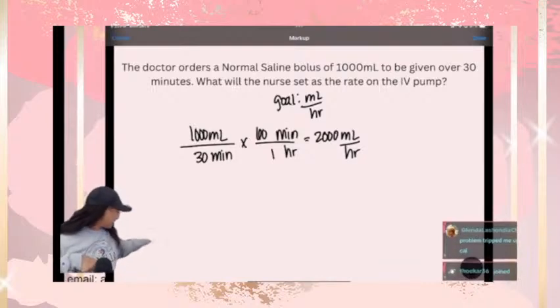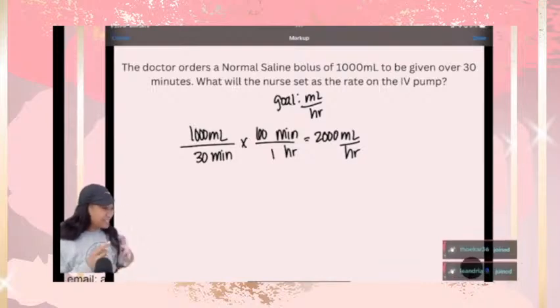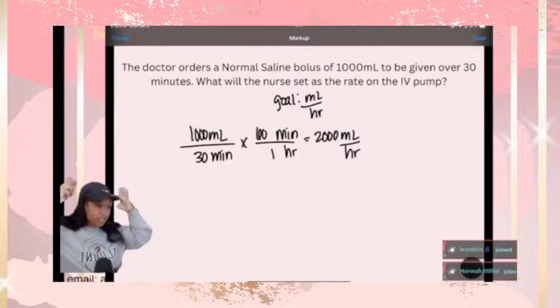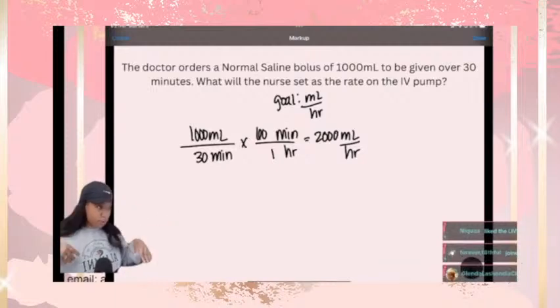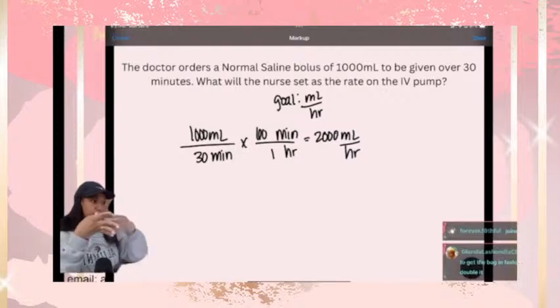Just because everybody else was putting it. Oh my gosh. No. This problem tripped me up on my first dosage. So if you're thinking about it, remember the pump. Just think about it, because sometimes I have to see stuff in my head. If you have a pump that is going however many milliliters per hour, you can only give milliliters per hour. This is half an hour, right? So if you're doing half an hour, it's going to be double the time.